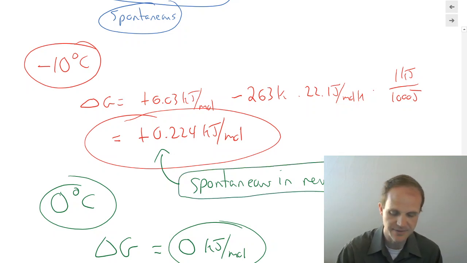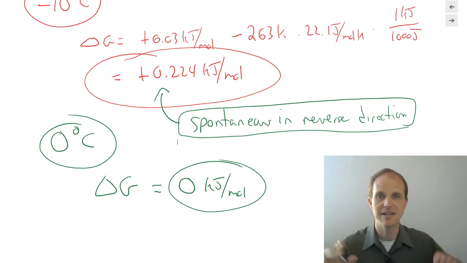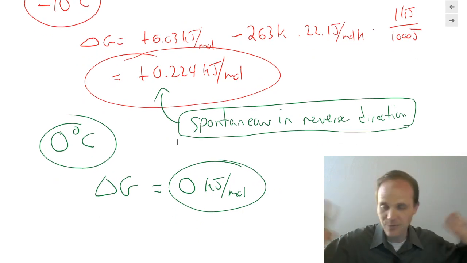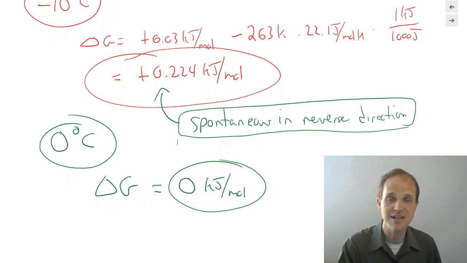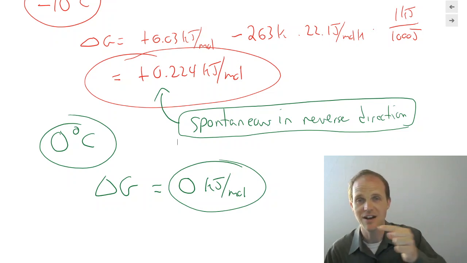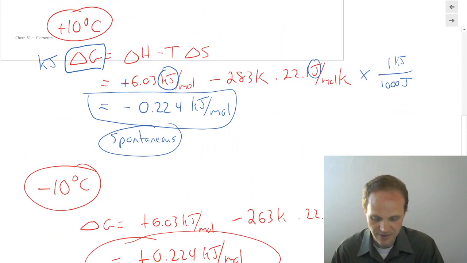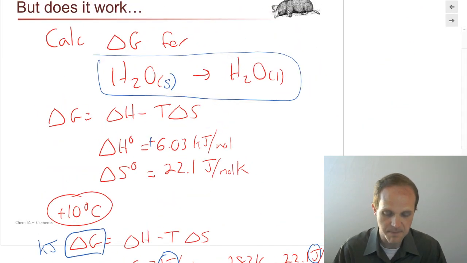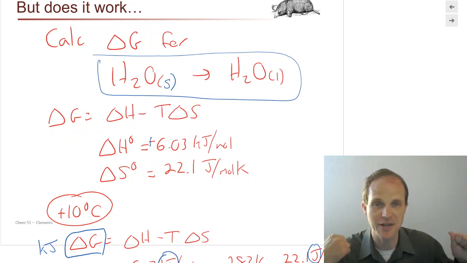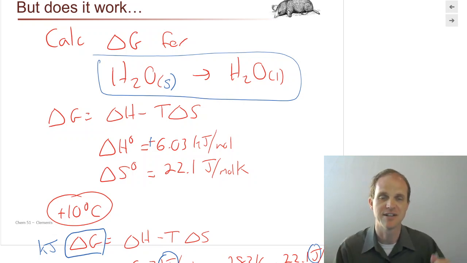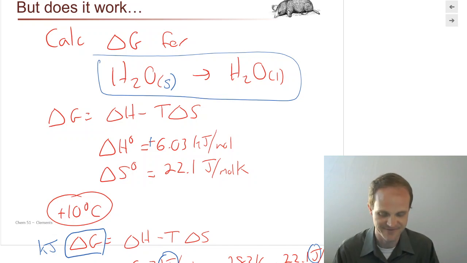A positive delta G doesn't just mean it's not going to happen in any way, shape, or form. It just means it's not going to happen the way you wrote it. But it also does mean that it will happen in the opposite way that you wrote it. So at minus 10 degrees Celsius, the backwards reaction will happen, which is a liquid will go to a solid. So we just showed that, yes, at cold temperature, water freezes.